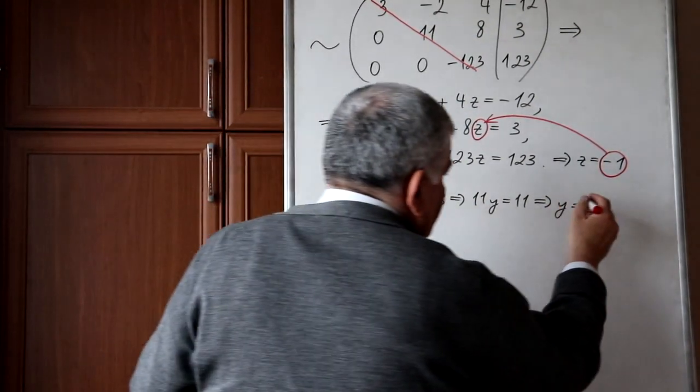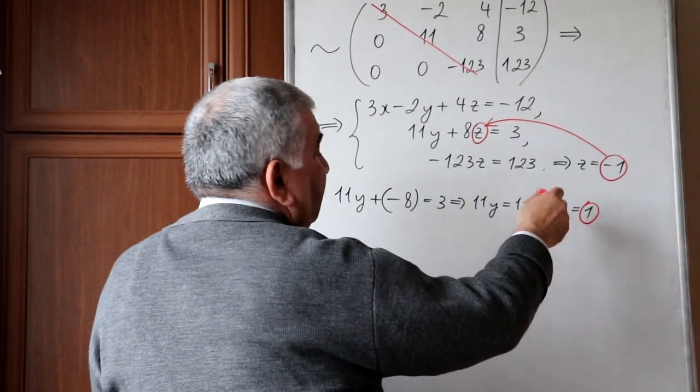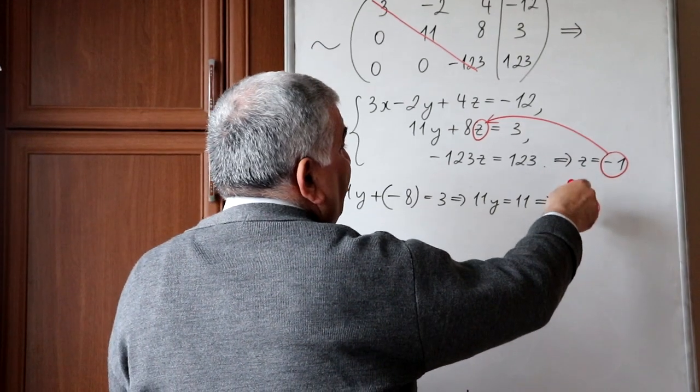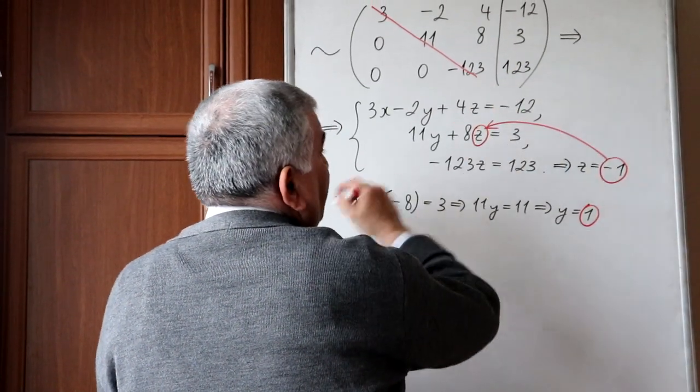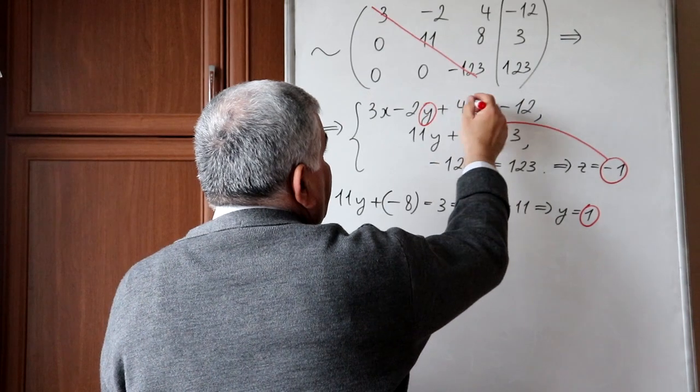And finally substitute the values of y and z, 1 and minus 1, instead of y and z in the first equation.